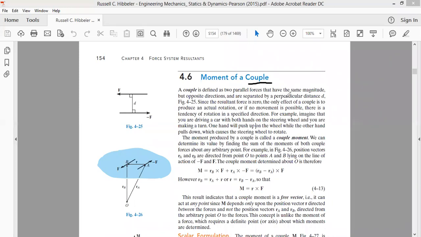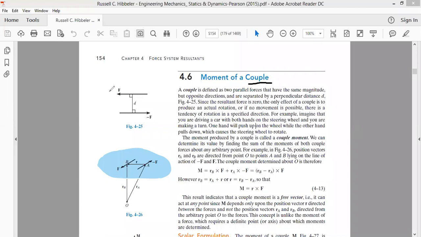What is a couple? As far as the couple is concerned, we often encounter in our day-to-day life such physical phenomena which are acted upon by forces whose magnitude is the same but whose directions are opposite.